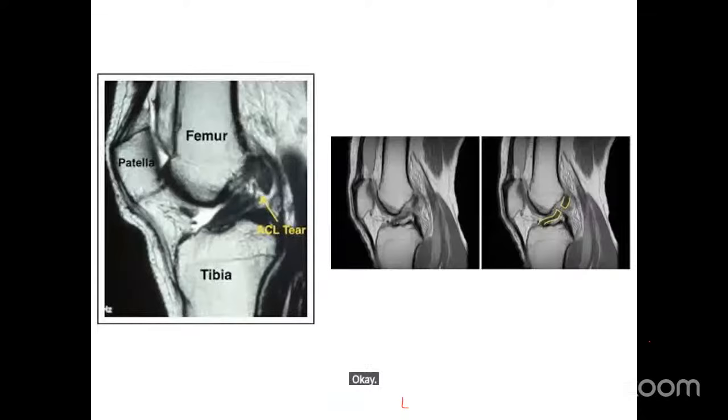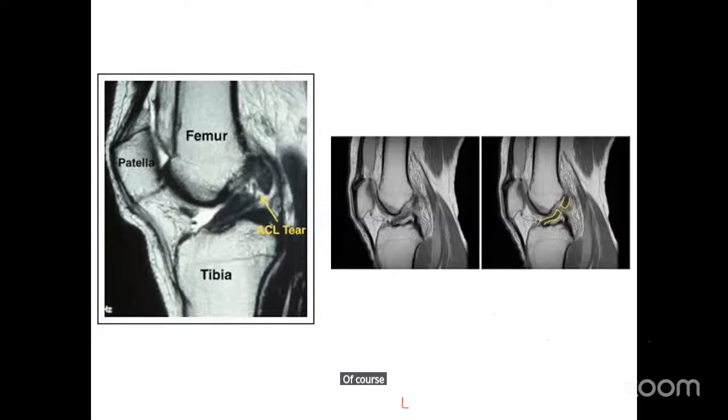So that means the ACL is intra-articular. It's in between the joint spaces. What do you mean by intra-articular? It means it's located in between the articulation, between the two bones.